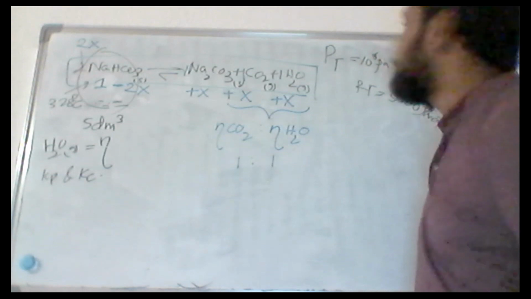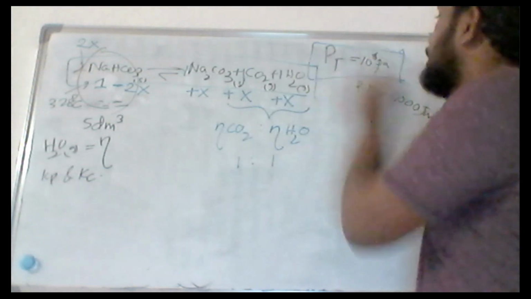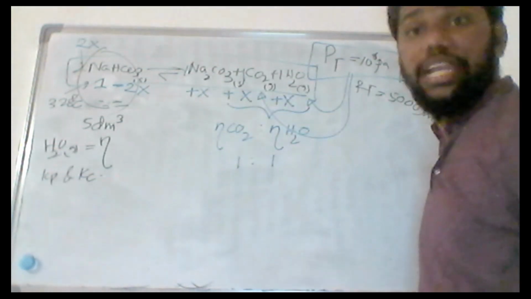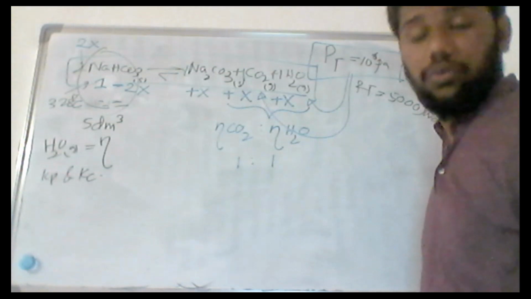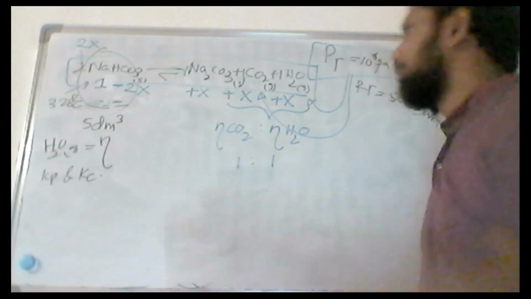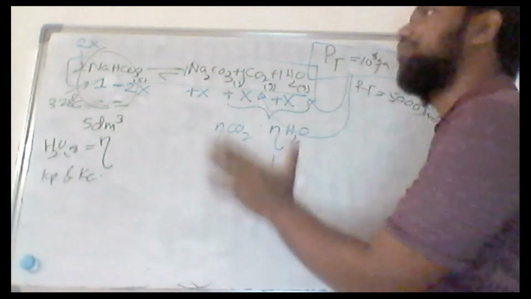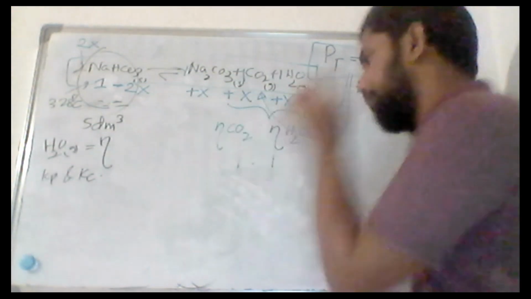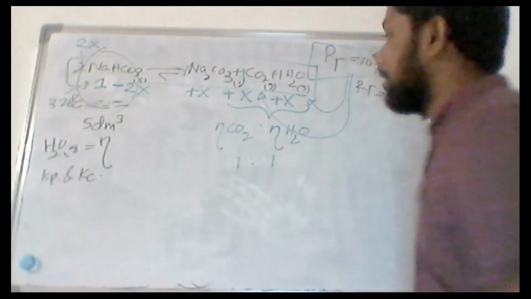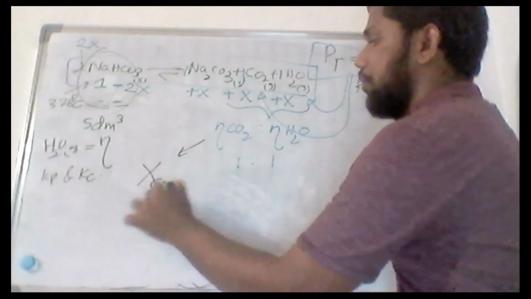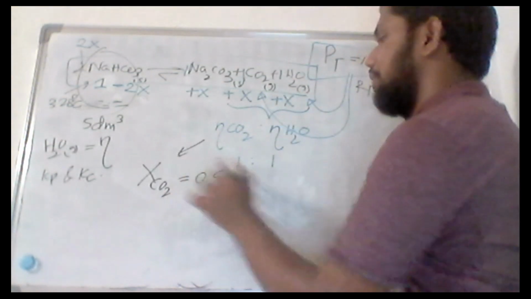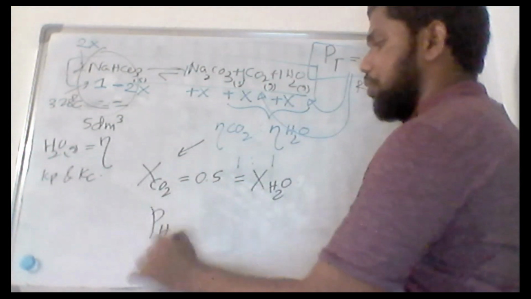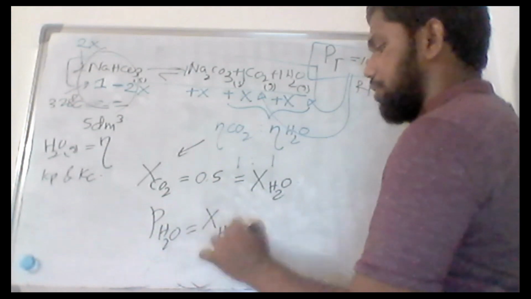And the total pressure given here is exerted only by these two gases, because a solid does not have vapor pressure. So this pressure is contributed from CO2 and H2O, and the amount formed is the same. Therefore, you can write the mole fraction x CO2 is equal to 0.5, which is equal to x H2O. Therefore, PH2O is equal to x H2O times PT.